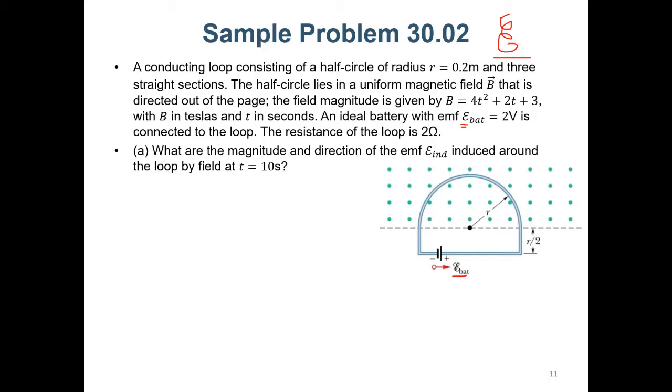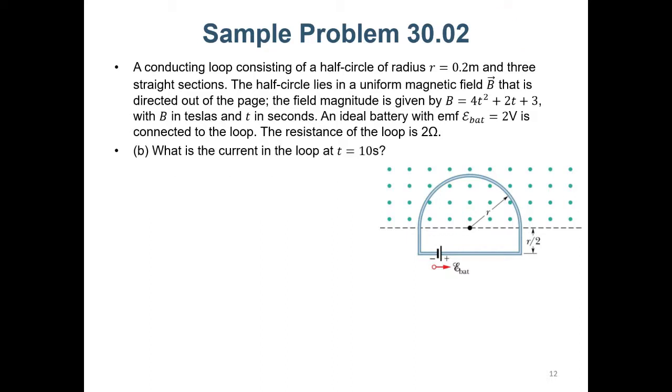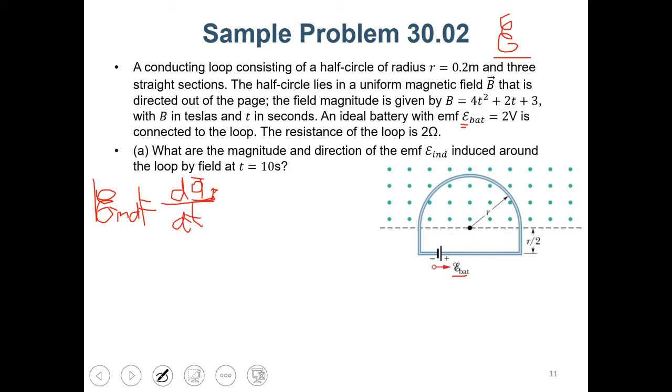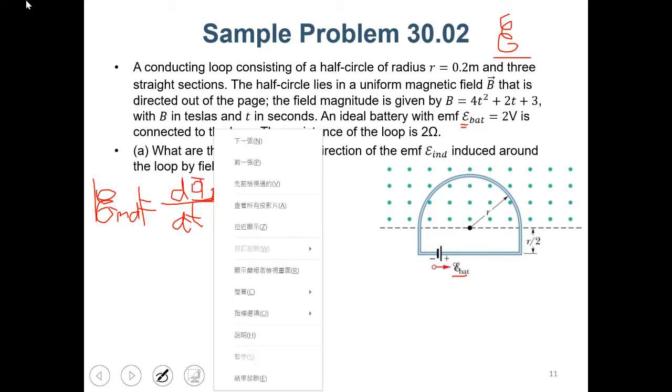Okay, so for part A, the magnitude of E induced is something like d phi B dt. Take the derivative of the magnetic flux with respect to the time.